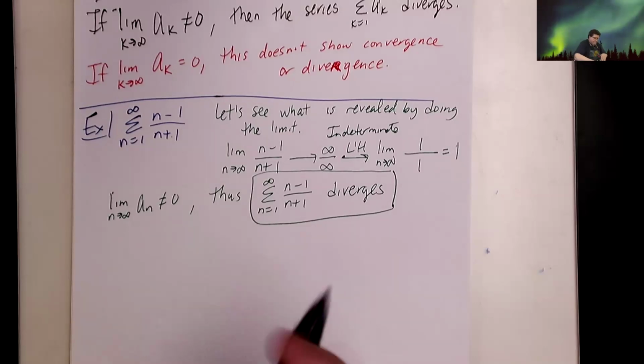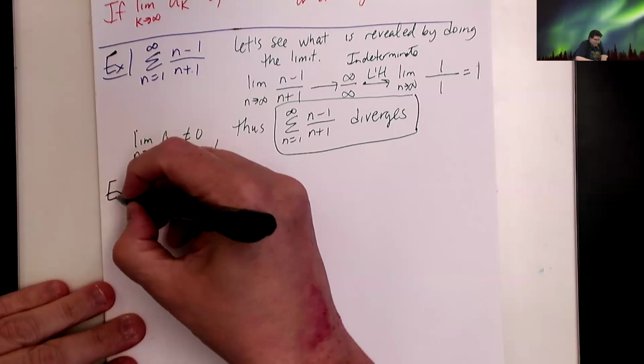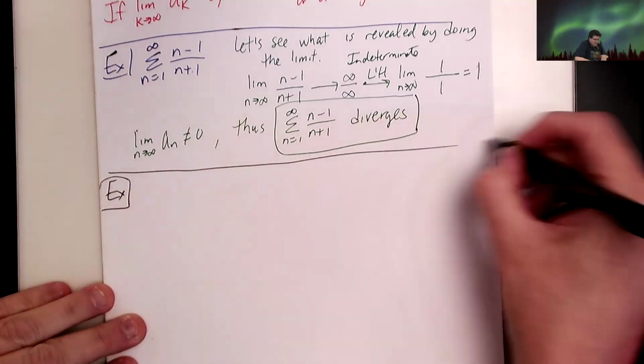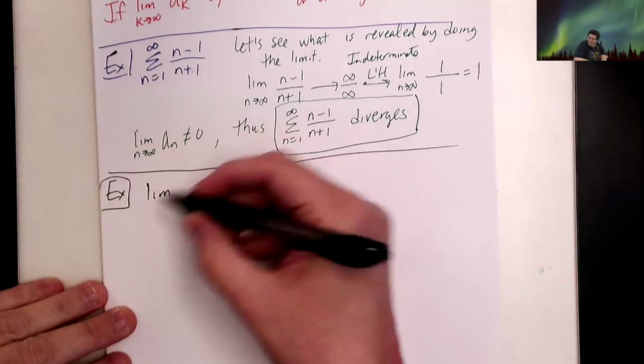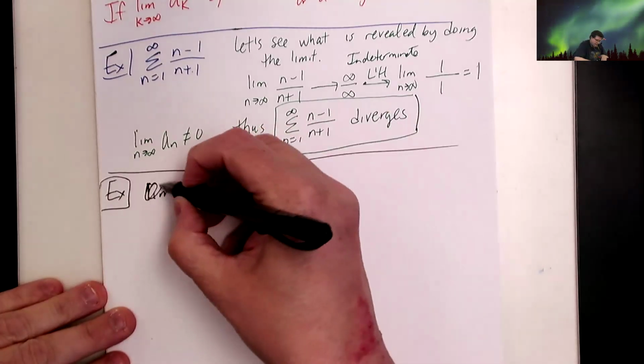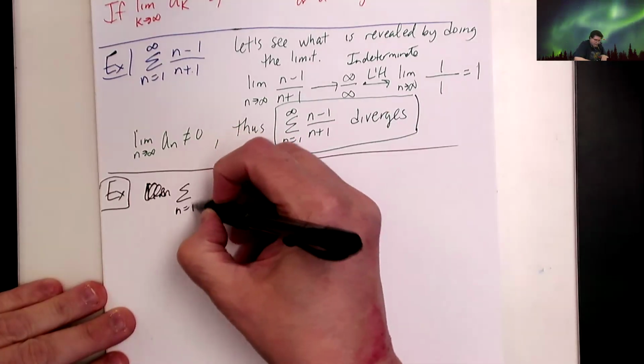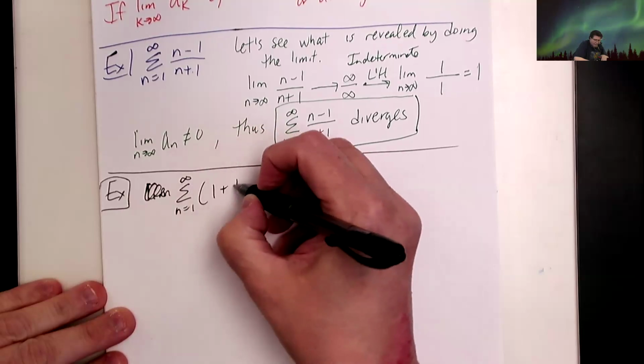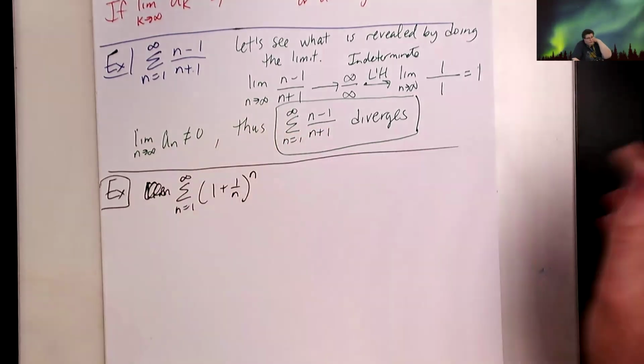What about, not limit, we're doing a series. The sum from n equals 1 to infinity of 1 plus 1 over n to the nth power.